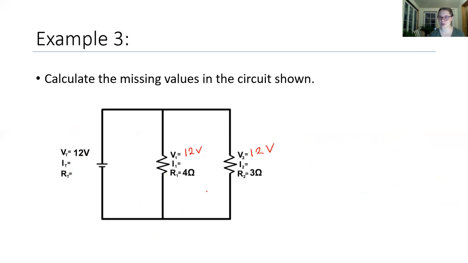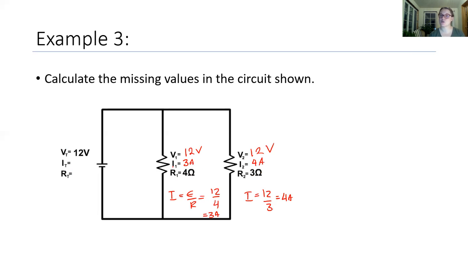We've got the voltage all the way across. If we know the voltage here, we can calculate the current. So I is equal to E over R, which is equal to 12 over 4 equals 3 amps. So over here, same thing. I is going to be equal to 12 over 3, which is equal to 4 amps.